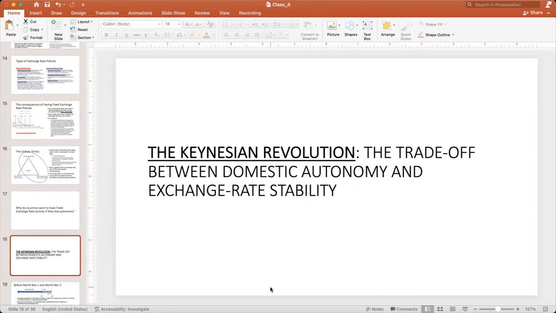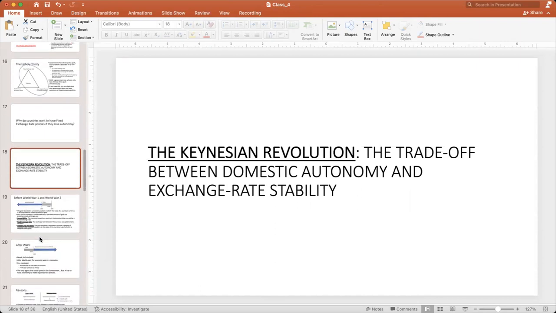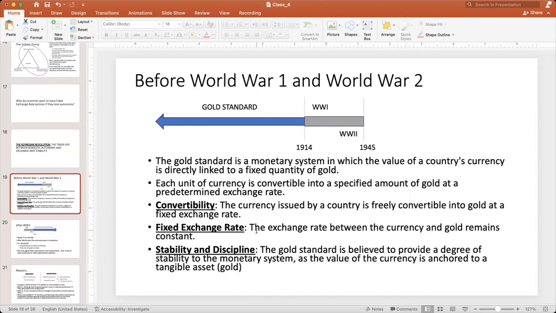Well, the reason is that there was a Keynesian revolution. And the Keynesian revolution is based on the trade-off between domestic autonomy and exchange rate stability. Before World War I and World War II, there was a gold standard system in the international monetary system.